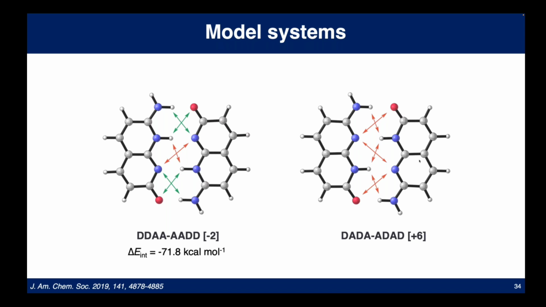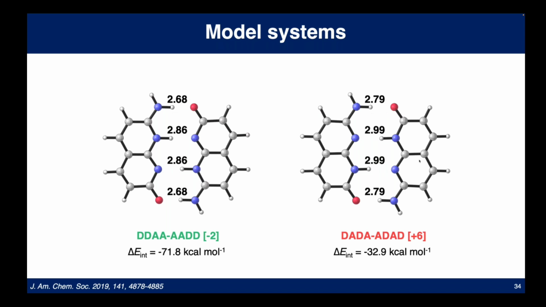DDAA has an interaction energy of almost -72 kcal per mole, and DADA has an interaction energy of -33 kcal per mole. We wanted to understand where this comes from, and we analyzed this with the energy decomposition analysis.